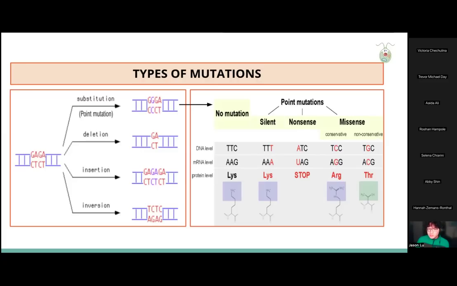Now let's take a quick peek at the different types of point mutations. So when we look at this, we want to keep the central dogma in mind. So just to briefly reiterate, the central dogma is us going from DNA to RNA and then RNA to protein. So among all those things, DNA and protein are the most important because they are the most stable.